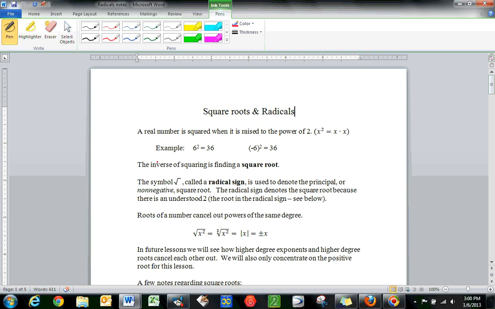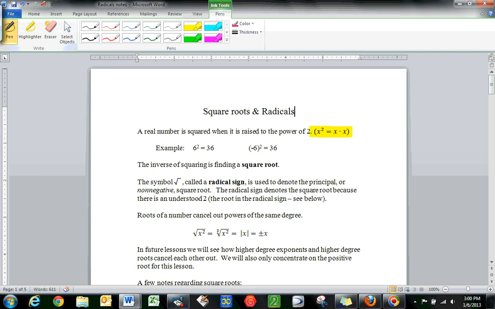We're going to start off with the understanding of raising a value to a power. Okay, and so the power is represented by an exponent. So as you can see here, if we have x times x, we can write that as x to the second power.